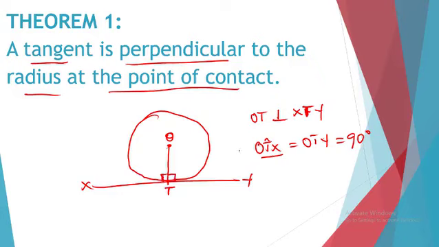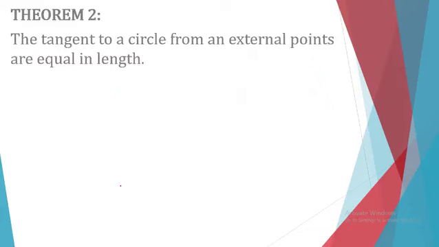And the angle OTY is the same thing, also 90 degrees. Do we understand now? So we say that the tangent is perpendicular to the radius at the point of contact. So the radius bisects this tangent.